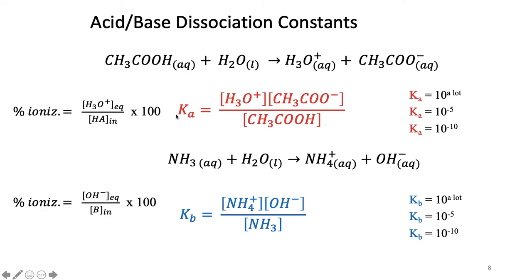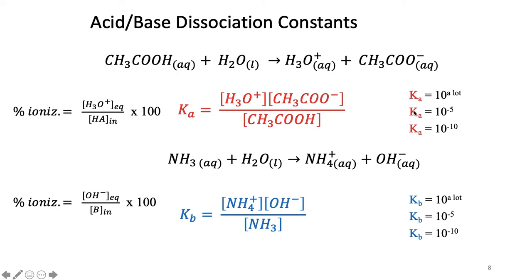Now we can have Ka values that are very large or very small. And recall from chapter 13 that we said if K is very, very small, that means that this top number is very small, which means that the bottom number is large, which means that the acid doesn't like to dissociate or split to give off that H plus very easily. So you'll have very little product and a lot of reactant for a small Ka.